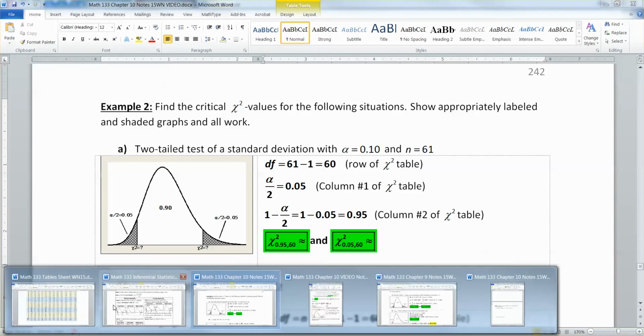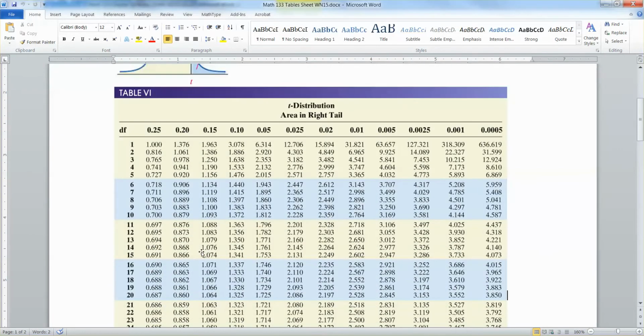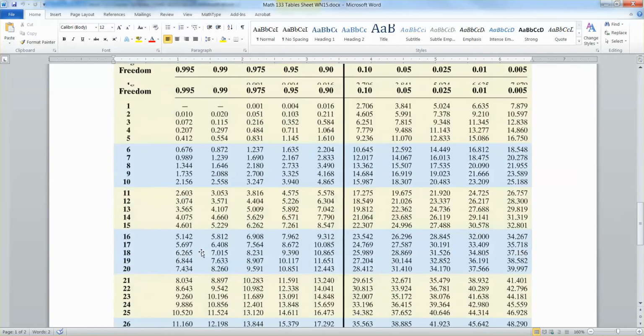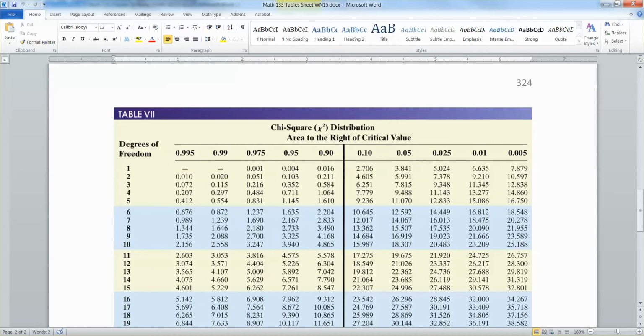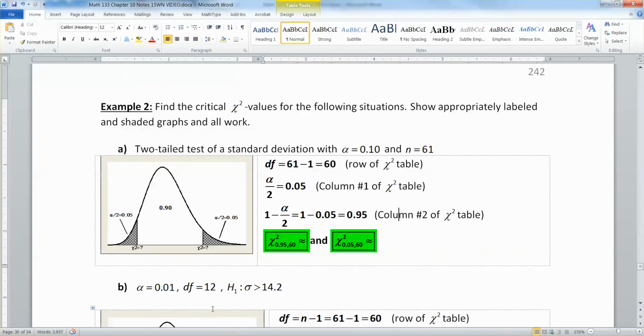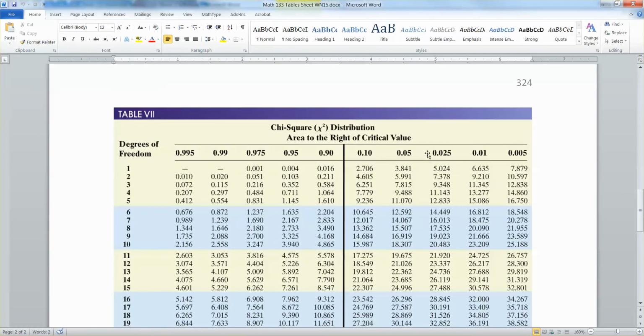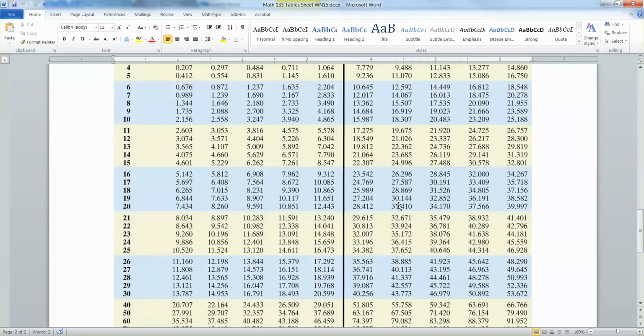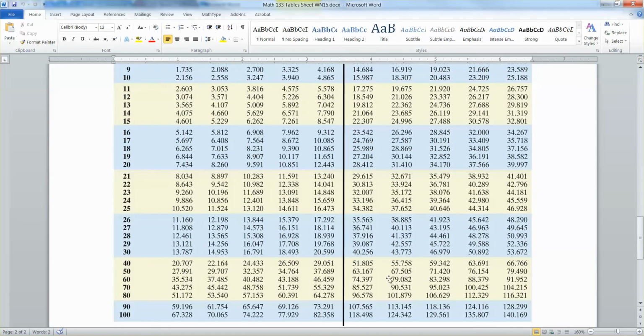All right, so let's go look at the chi-square table real quickly. And here it is. And we want 0.05, I believe, and 1 minus 0.05, which is 0.95. So 0.05, and we want 60 for our degrees of freedom, which is kind of down here, right in the middle, 79.082.